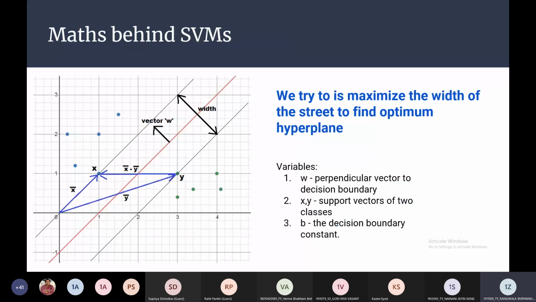So now let's get into the math behind the SVM. This is really important. Let's assume that these are two vectors that point to the support vectors, x and y.